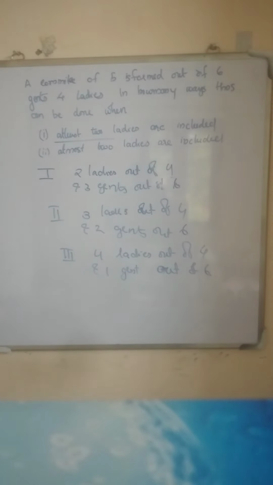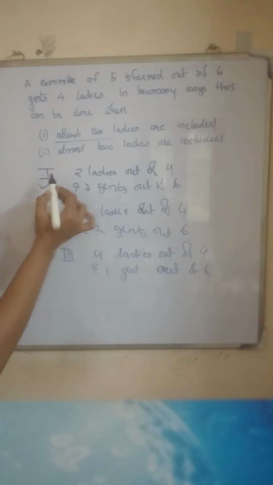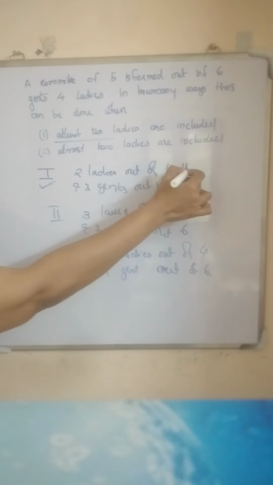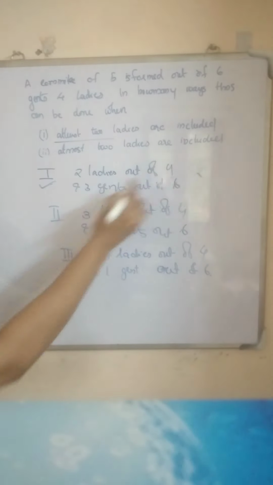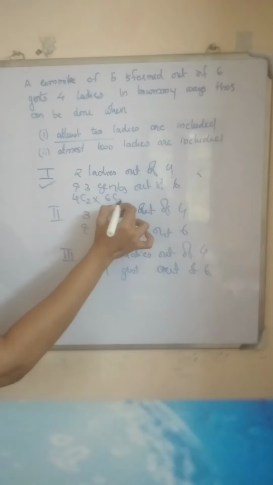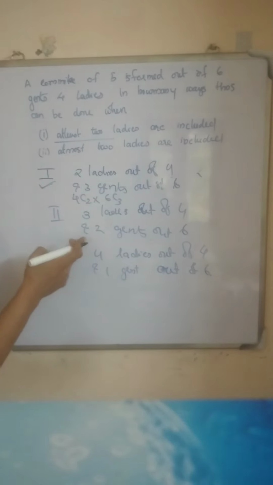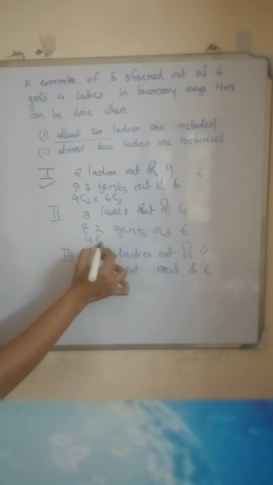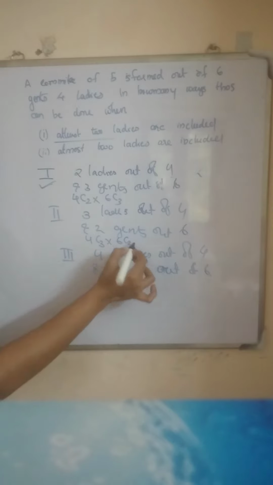Since the committee is formed in each case, by the fundamental principle, if we choose like this, we have 4C2 into 6C3 ways. Or you can choose in this form, we have 4C3 into 6C2 ways.